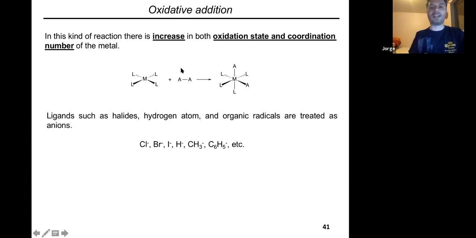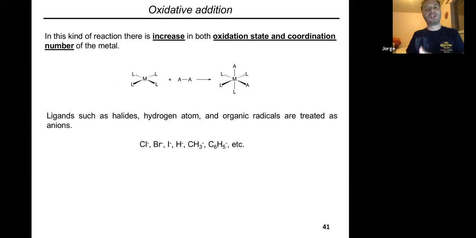So let's see a generic equation here, starting from an ML4 complex, and we are going to react with AA. Okay. So after the reaction, there is the formation of this complex. Now we have M, L, L, L, L, and A were added to the coordination sphere.